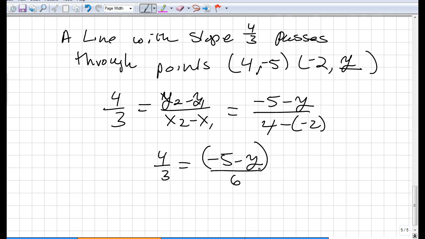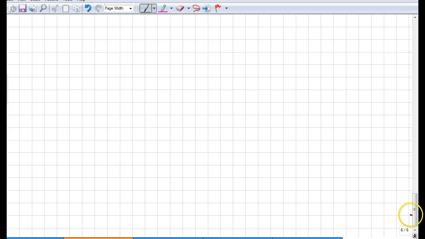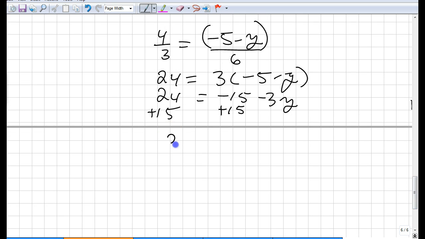And so then we can just solve for y. We can use means and extremes, so we get 24 equals 3 times -5 minus y. 24 equals -15 minus 3y. Add 15 to both sides, and we get 39 equals -3y.